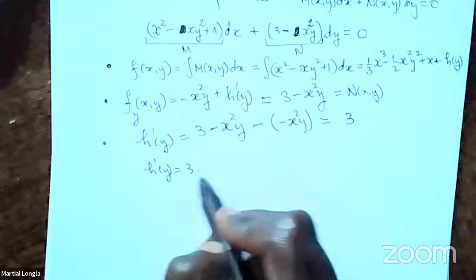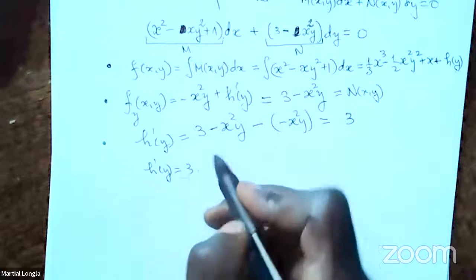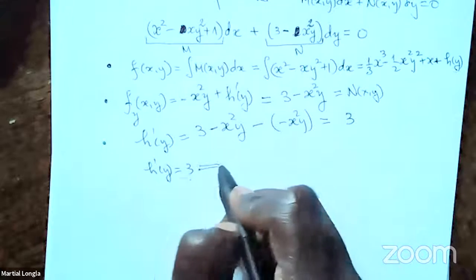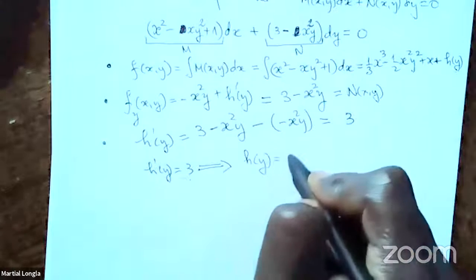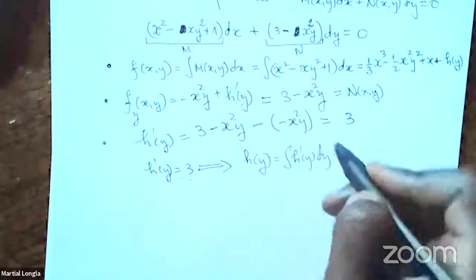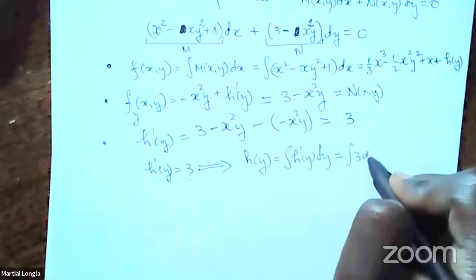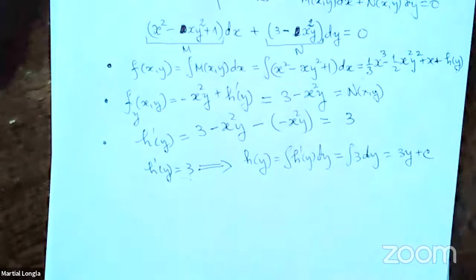It's always the case that this is never going to include x. If your answer at this point contains x, that means you have a mistake. Then you integrate this to find h of y. That's the integral of h prime of y dy equals the integral of 3 dy, which is 3y plus a constant.